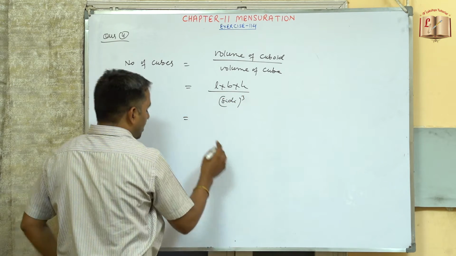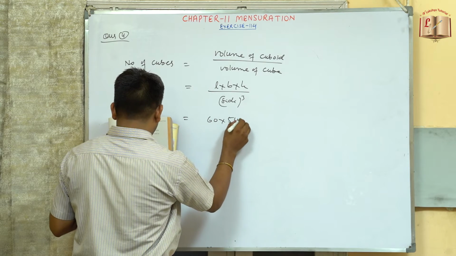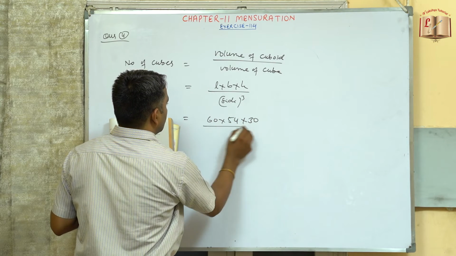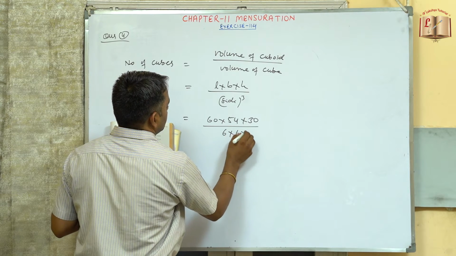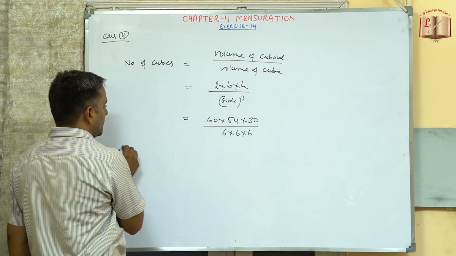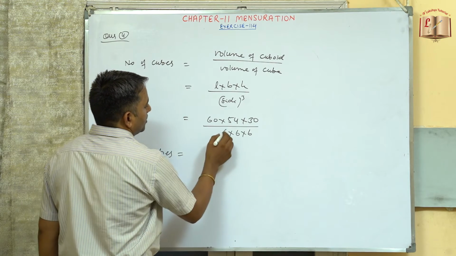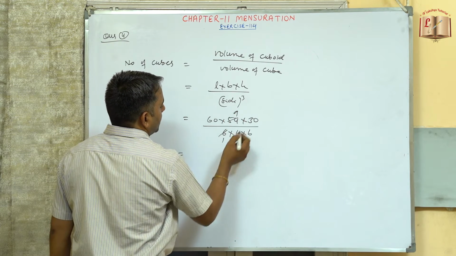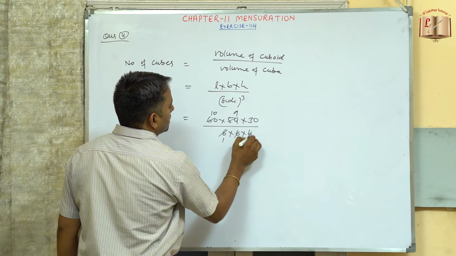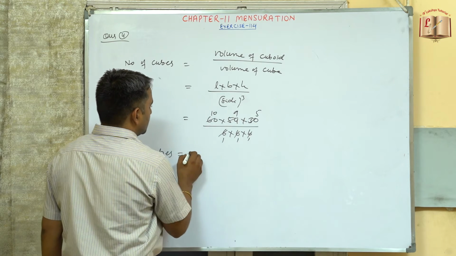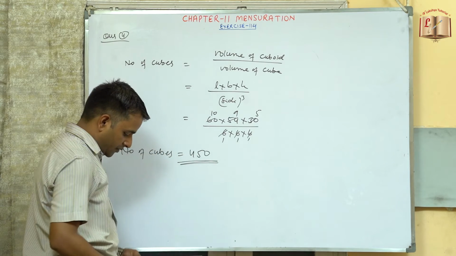So this is 60 into 54 into 30 divided by 6 into 6 into 6. So therefore the number of cubes will be 450.